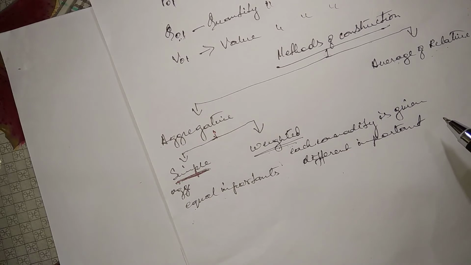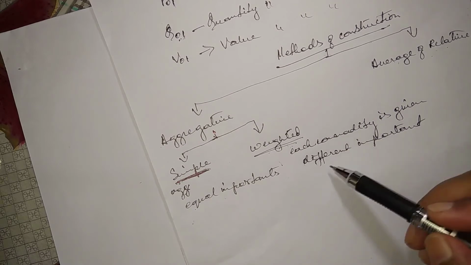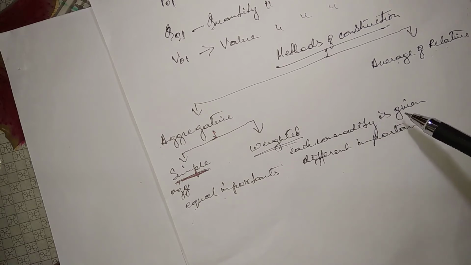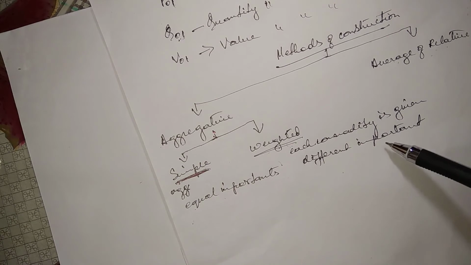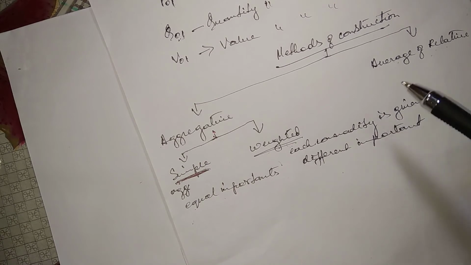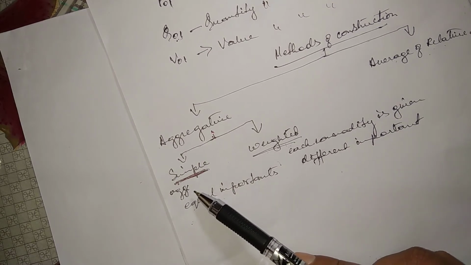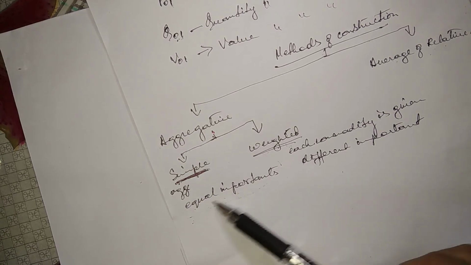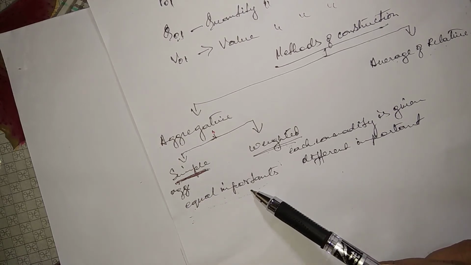For all the 5 subjects you give a different amount of importance, like maths, science, English, whereas under simple aggregative you give equal importance to all the 5 subjects.